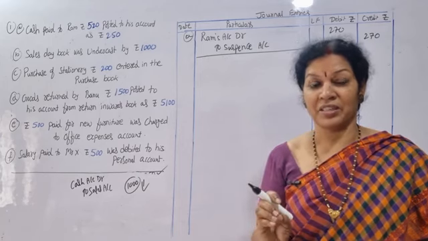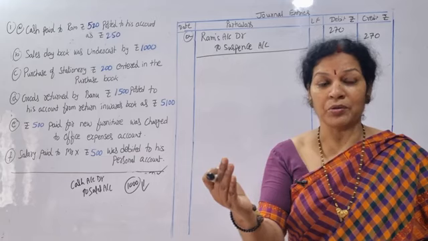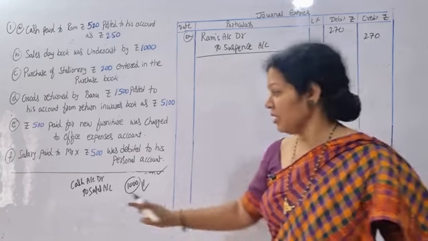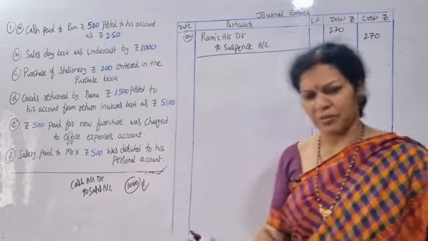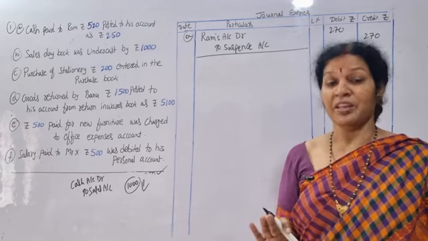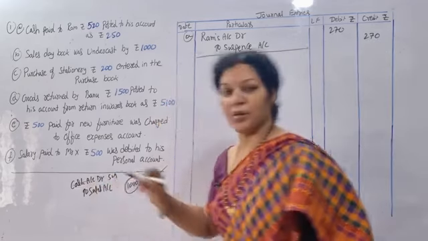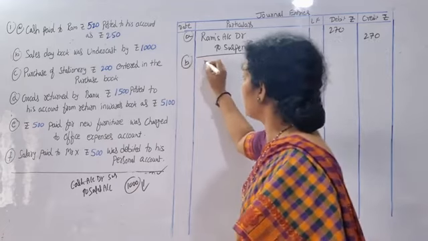If it is overcast, to cancel the extra amount, we'll write it on the opposite side. Now the sales book is undercast by 1000, so the same side, credit side only. On the debit side, instead of cash, we'll say suspense account. Clear? So for B, what is the entry? Suspense account.